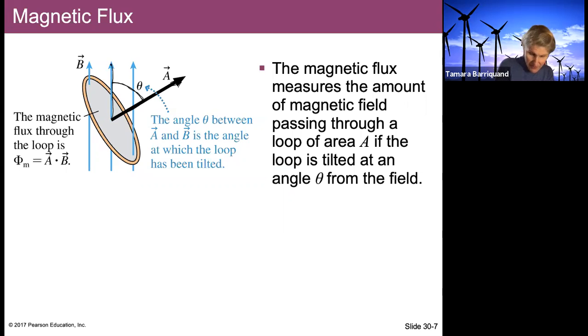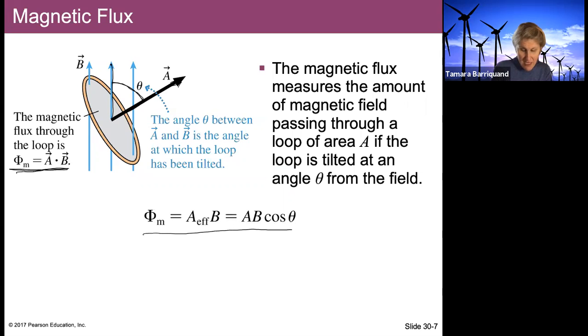The magnetic flux through the loop, using the flux symbol phi sub m for magnetic flux, will be A dot B. The angle theta between A and B is the angle at which the loop has been tilted. So the flux is going to be A effective times B, which is AB cosine theta.